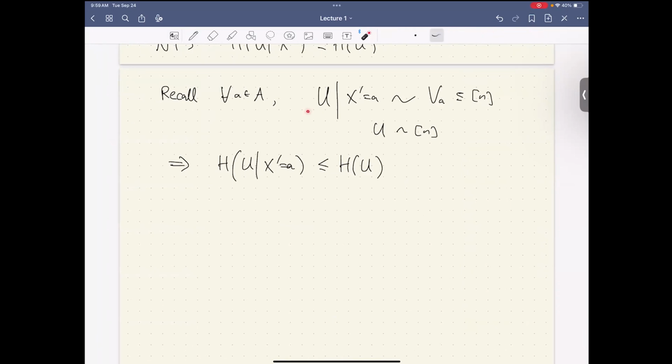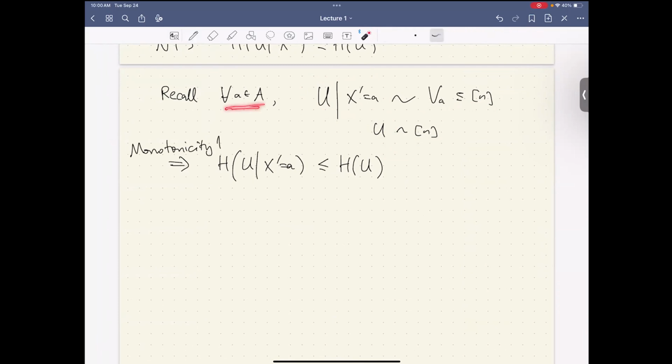You have A, you should think of this as a random variable distributed over a set which is smaller than the other set on which the other random variable is uniformly distributed. So monotonicity implies this. And that's true for all little a.